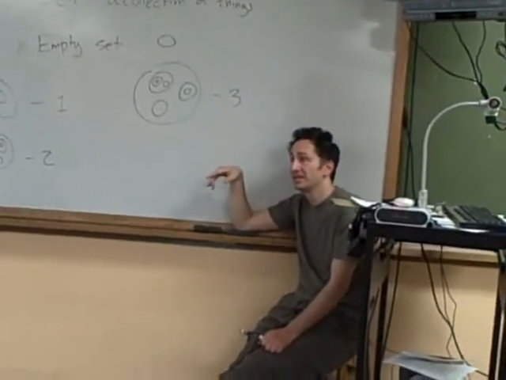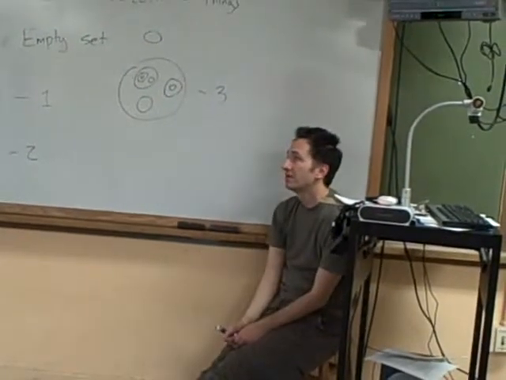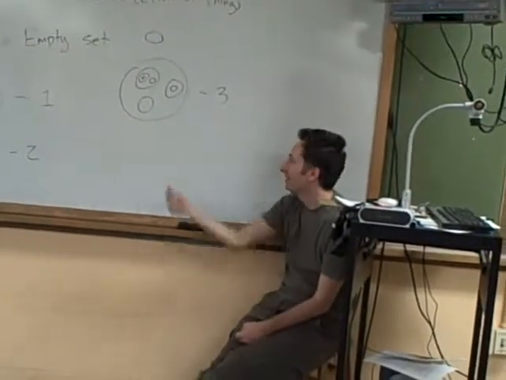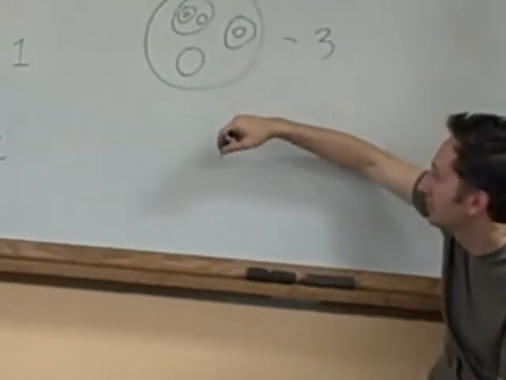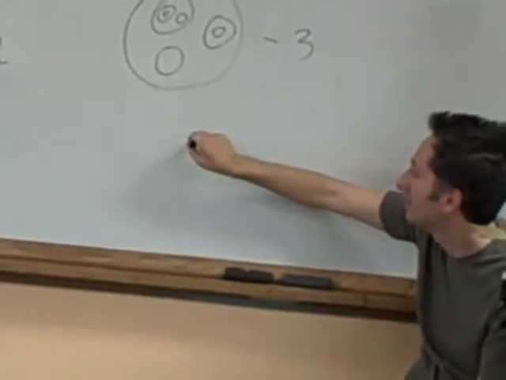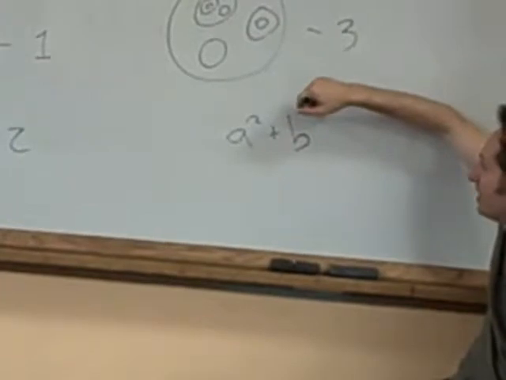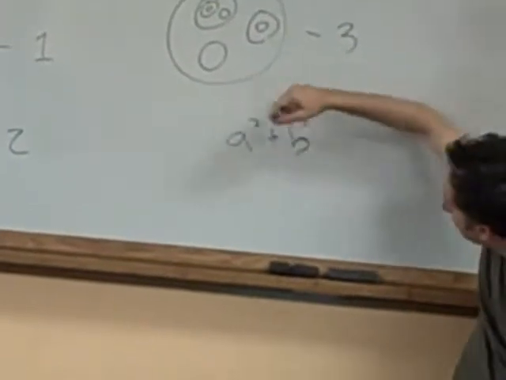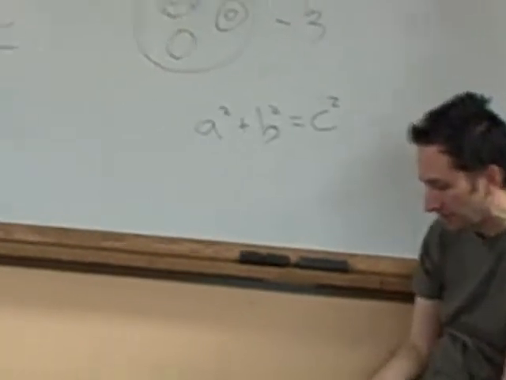This is one of the amazing things to me about math. Just as an example, are you familiar with the Pythagorean theorem? Yeah. The whole idea, and I don't really like this way of writing it, but this sort of thing, right?